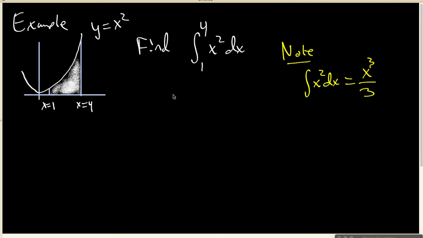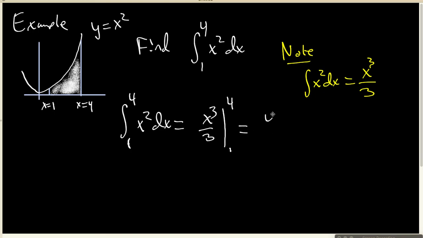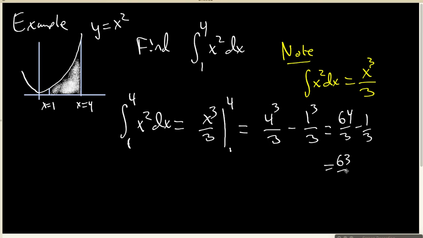And so what that means is that I can write the definite integral between 1 and 4 of x squared dx as x cubed over 3 evaluated between 1 and 4, and that will be 4 cubed over 3 minus 1 cubed over 3. That will be 64 thirds minus 1 third. That will be 63 thirds. That will simplify to 21.